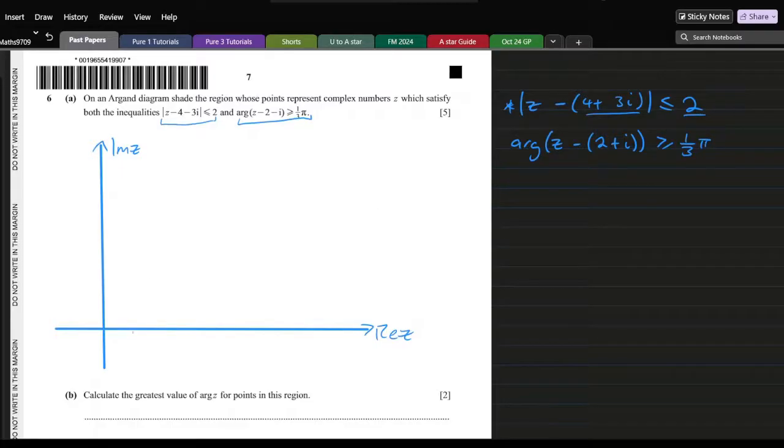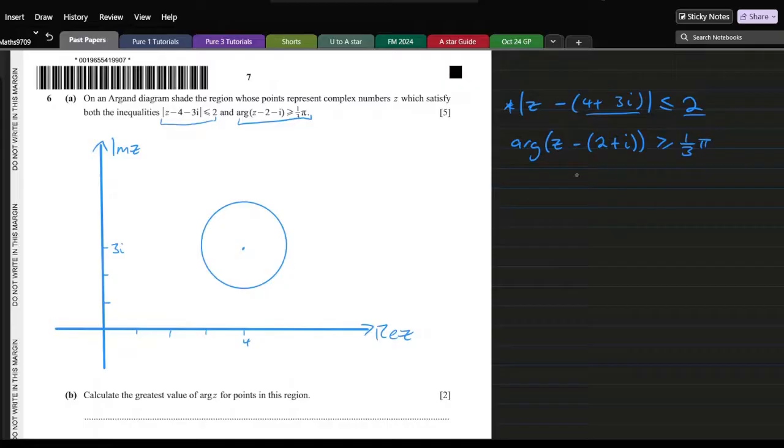So our point, let's say this is 1, 2, 3, 4, so 4 would be here, and then we want 3i on the imaginary axis, so 3i is there. That means our center should be roughly about here, and then we want a circle with a radius of 2, so something like that, and that looks good here.